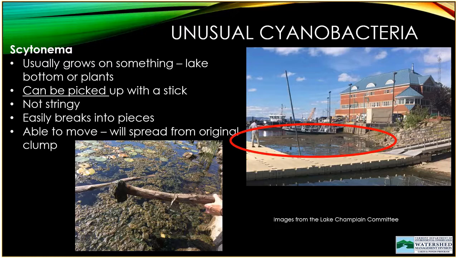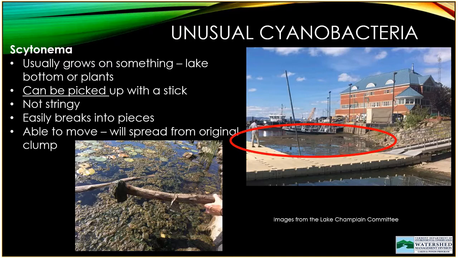When it forms an accumulation that's floating at the surface, as you see in the image on the right, it can be lifted up with a stick, as you see in the image on the left. You can also see in that image on the left that it looks a lot like filamentous green algae. When you lift it out of the water on a stick, it's not going to form those long hairs.